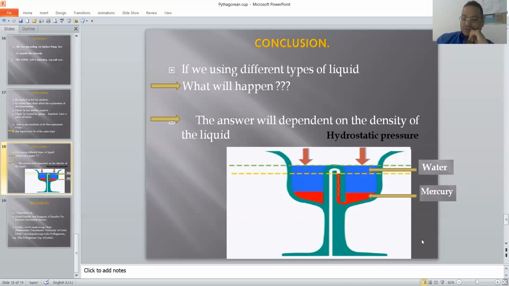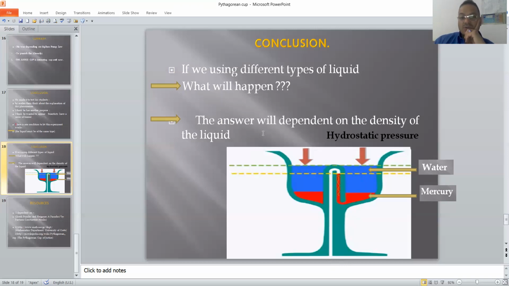If I'm dealing with the same situation, with mercury having more density than water, and I want to make this water go through this point, from this hole, from this column to outside, what must I do? I think we must make the hydrostatic pressure more and more, to give the water enough strong energy to push the mercury from this point out of this hole, and after that the water can immediately pass through this point, if it can still cross this condition, this level, to throw out from this cup.